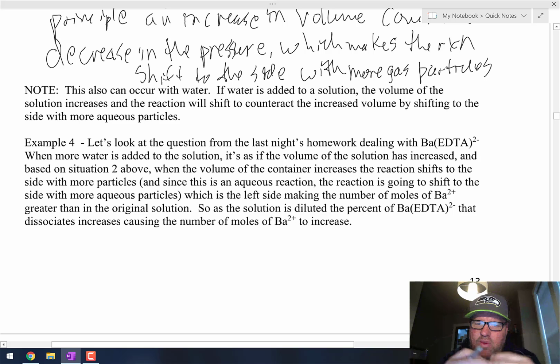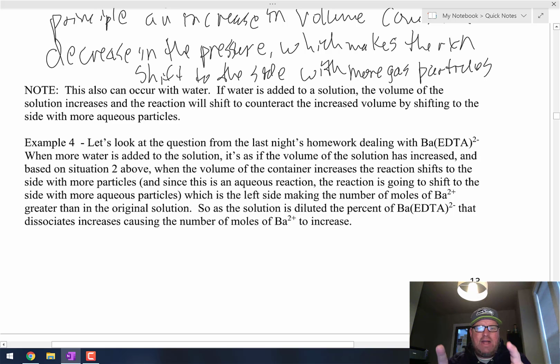So when you dilute it and add some water, you're increasing the volume of that solution, which means the reaction is going to shift to the side with more aqueous particles, which we can see is the reactant side, making the number of moles of Ba2 plus greater than it was in the original solution. So as this solution is diluted, the percent of BaEDTA 2 minus that dissociates increases, causing the number of moles of Ba2 plus to increase.